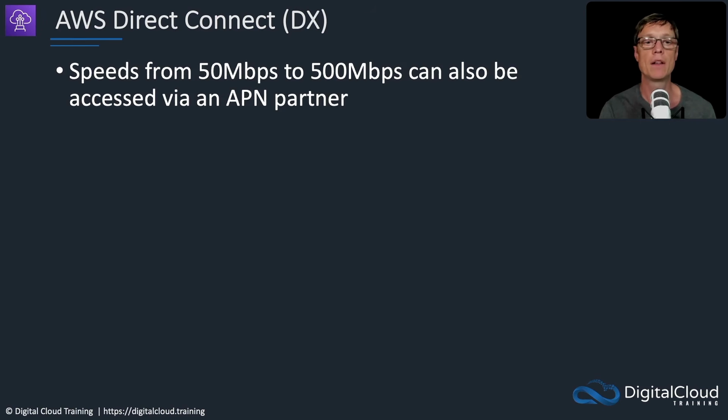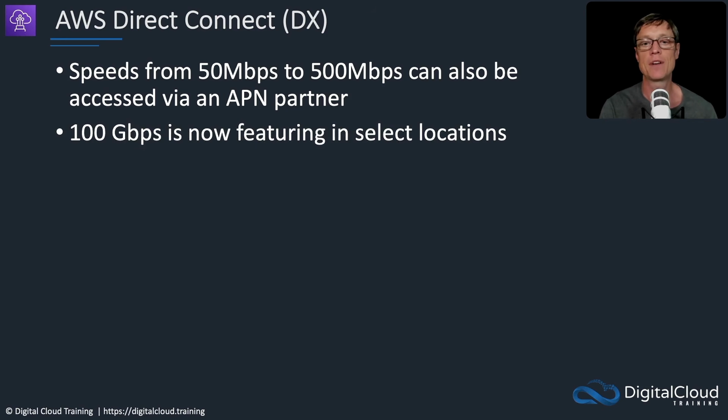As I mentioned a bit earlier, you can get lower speeds from APN partners. So these are partners in the AWS Partner Network. And those speeds can then be from 50 to 500 megabits per second. 100 gig is also featuring in some select locations. Those are the AWS Direct Connect locations. So that could be where you are, might not be. Probably won't be on the exam yet.